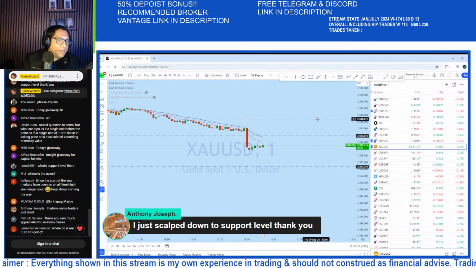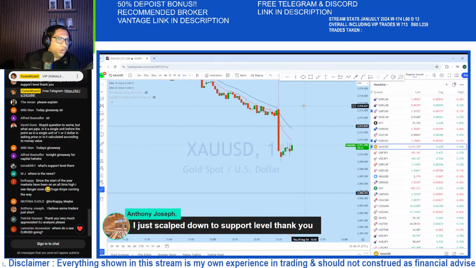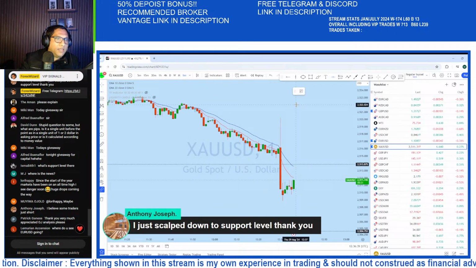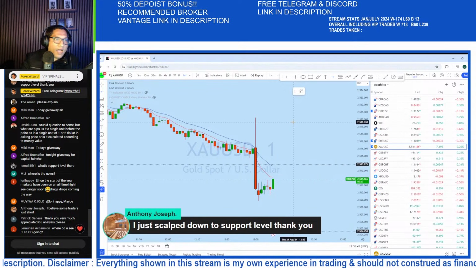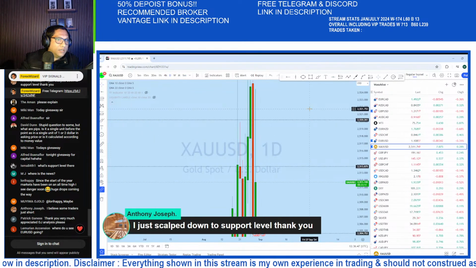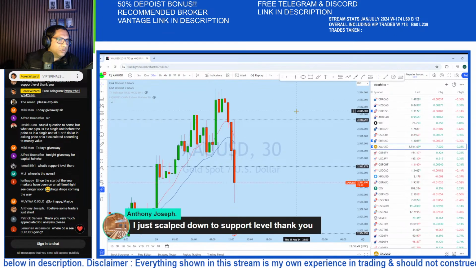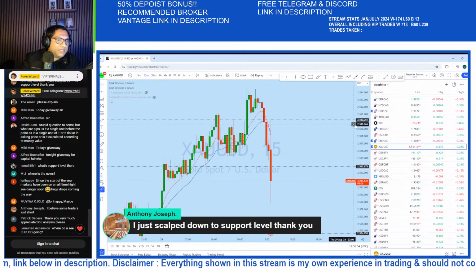I'd like to look at the 1 minute at the moment to see locally how far it is going. It might even be possible for the market to go back up to this resistance here and then to return back again.